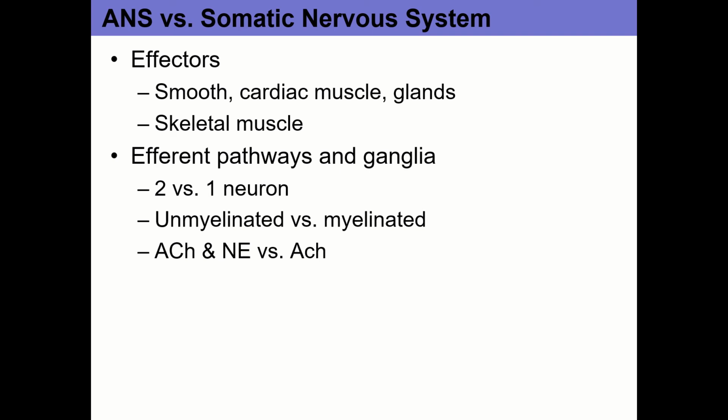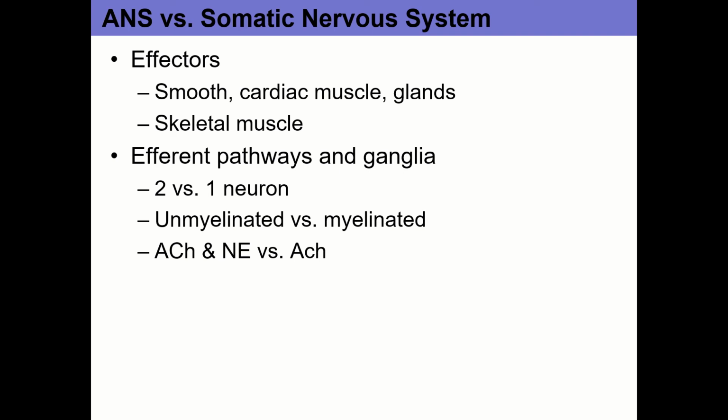So for example, on the parasympathetic side of things, the neurons use acetylcholine. And then on part of the sympathetic side, those pre-ganglionic neurons use acetylcholine, but the post-ganglionic neurons on the sympathetic side use norepinephrine. So NE stands for norepinephrine.